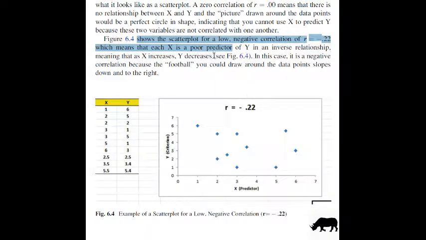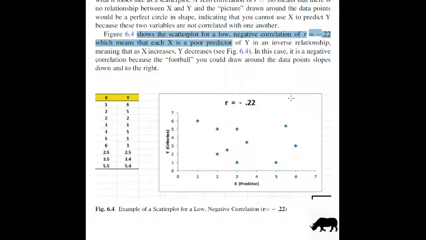See Fig. 6.4. In this case, it is a negative correlation because the football you could draw around the data points slopes down and to the right.